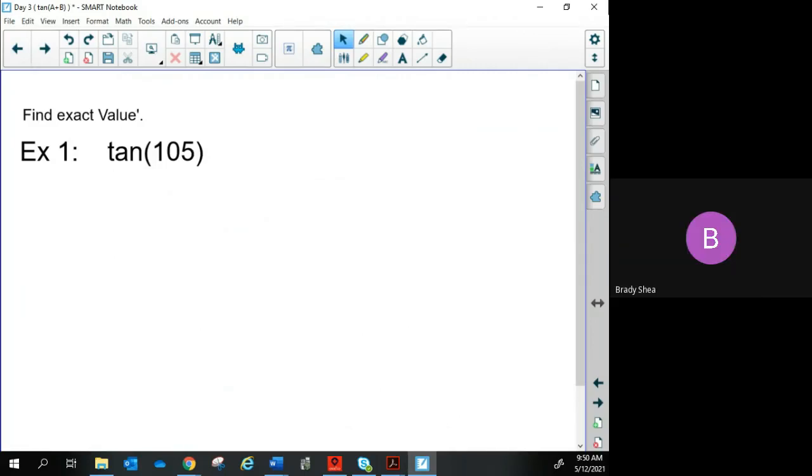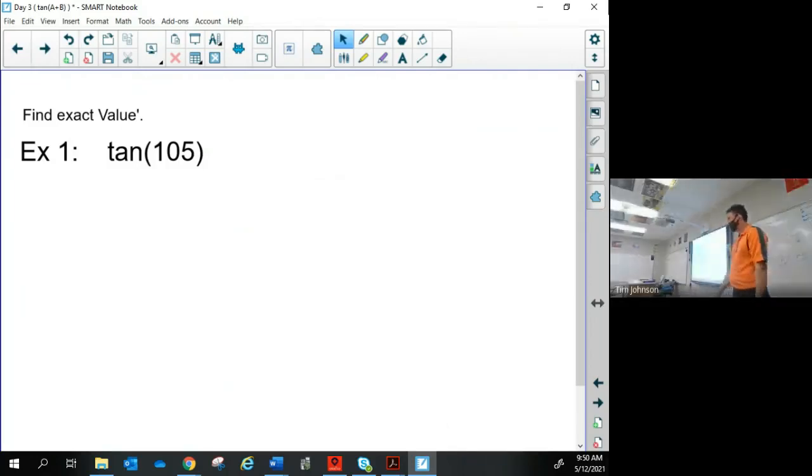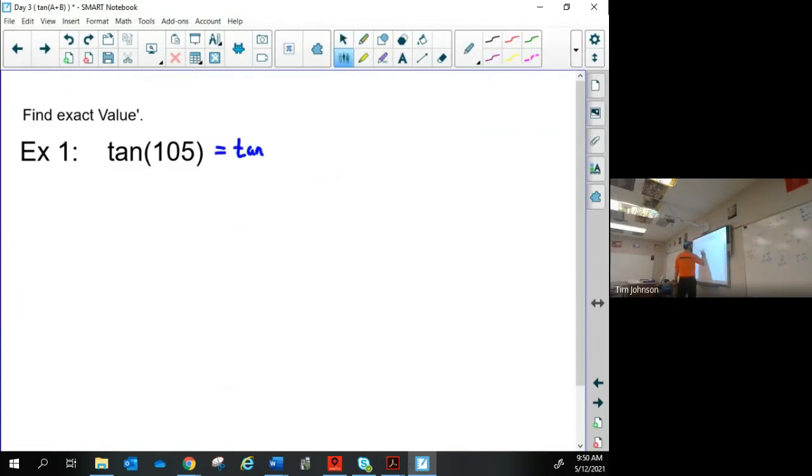Add 60 and 45. Everybody always picks that one. I like it though. We'll go with that, Brady. 60 and 45. All right, so we got 60 plus 45. Now, do know there's lots of other ways you can get it.